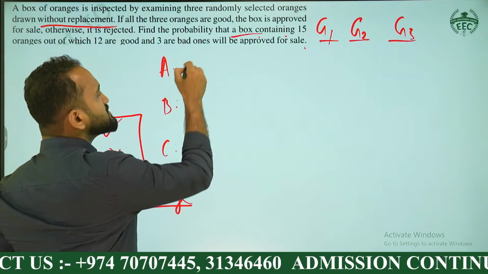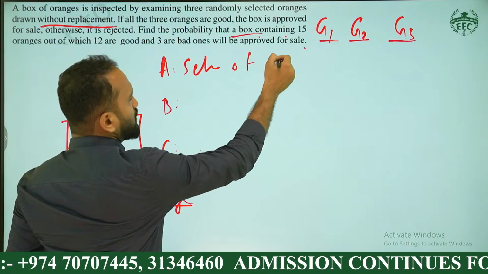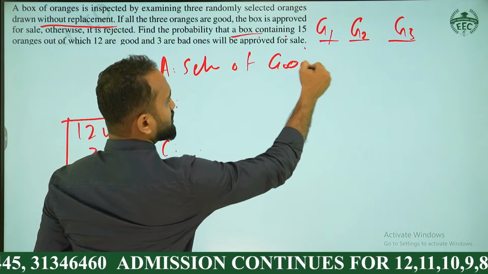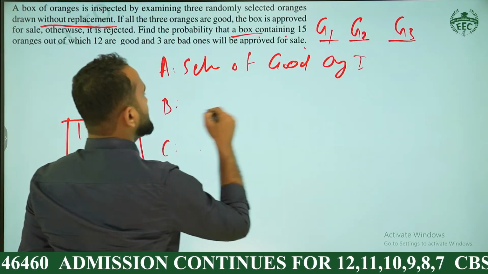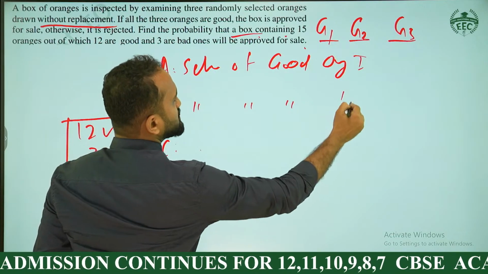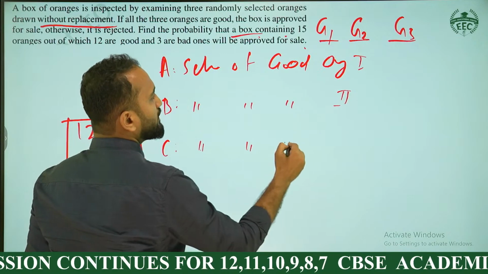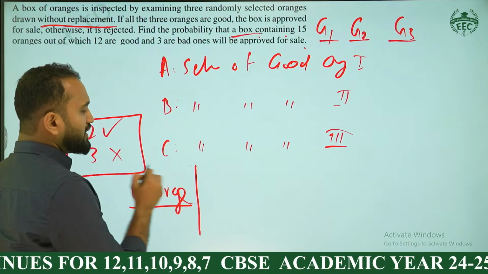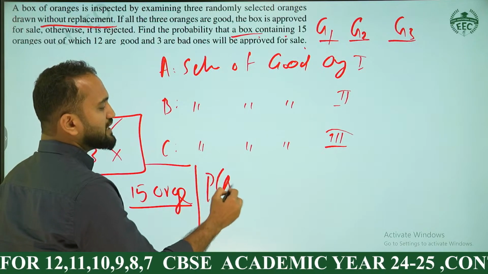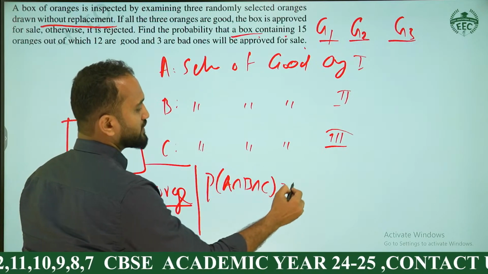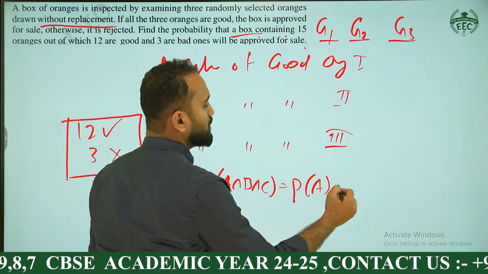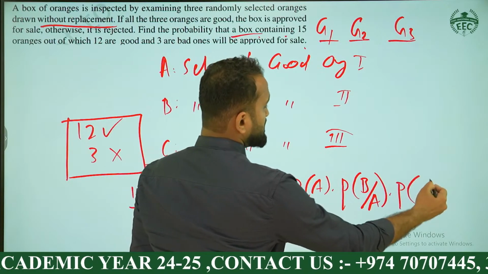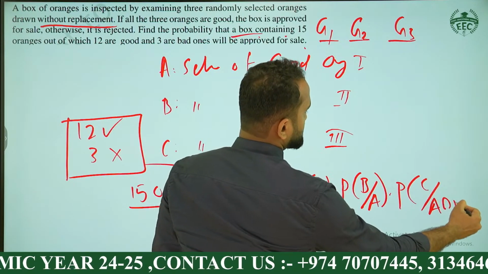Event A is the selection of good orange number 1, event B is selection of good orange number 2, event C is selection of good orange number 3. Now people, once you know that this is a case of P of A intersection B intersection C, what is the answer? P of A into P of B given A into P of C given A intersection B.